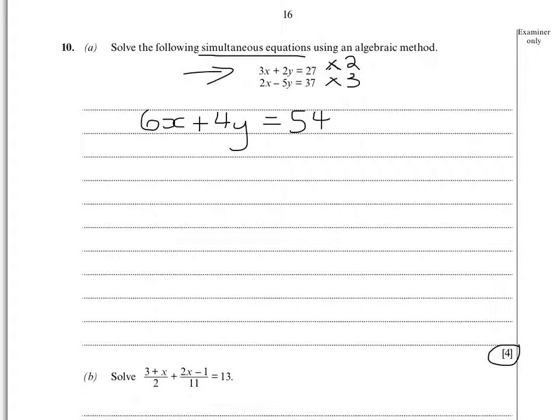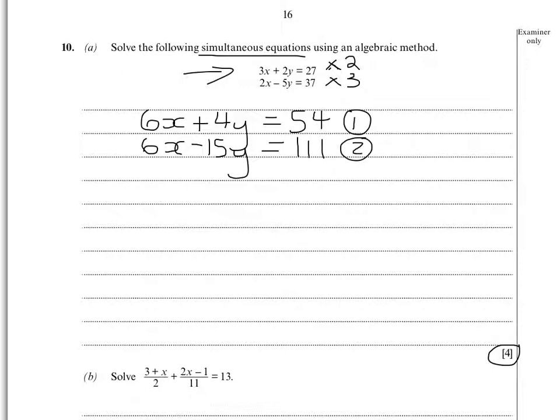I'll call that my equation 1. And then for the second one, times it by 3: 2x times 3 is 6x, minus 5y times 3 is minus 15y, and 37 times 3, well, you've got your calculator to check, but that's 111. And we're going to call that our second equation.